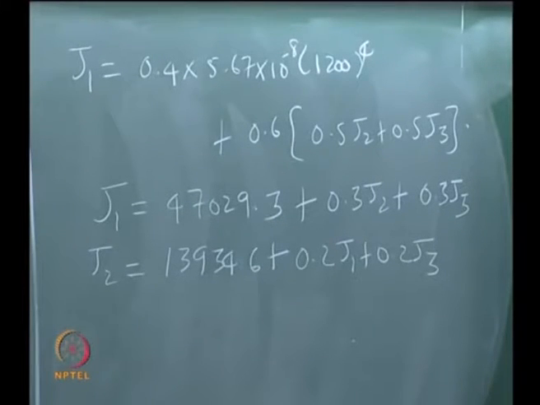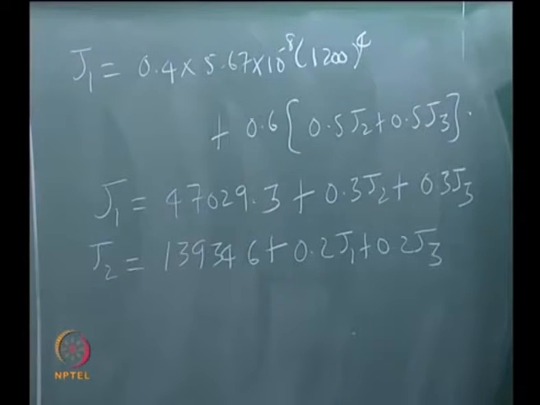One minus epsilon was 0.4, then I multiplied by the view factors and absorbed them. Is it okay? Did I make a mistake?